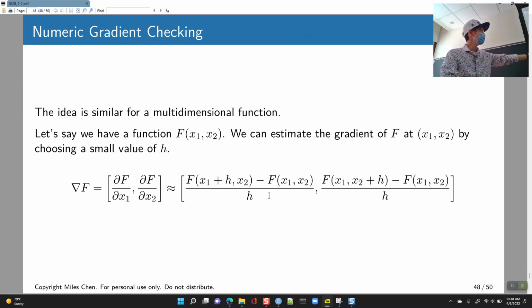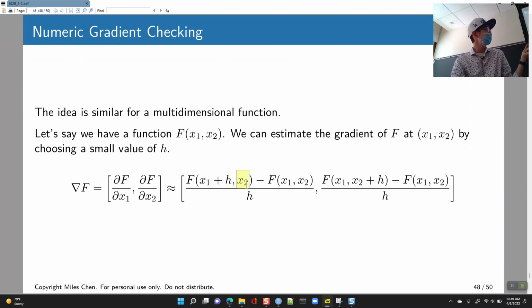So what is the definition of the gradient? The gradient is the partial derivative of f with respect to your first component, partial derivative of f with respect to the next component, and so on for each component. So the partial derivative with respect to the first component is: take the function f, add a small value h to x1.